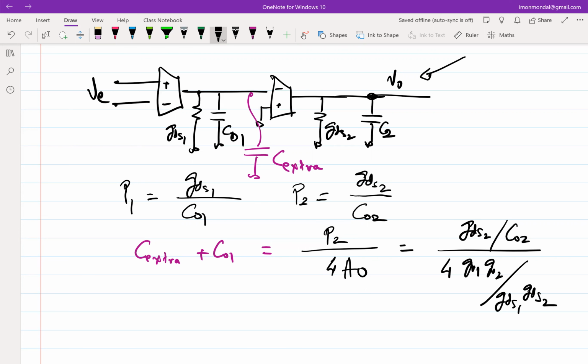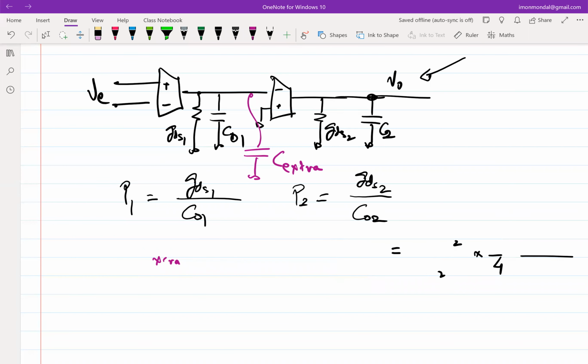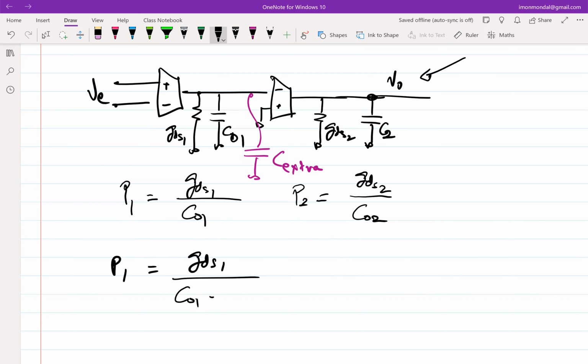Okay, I understand what you're saying. Yeah, that makes sense. So essentially what we want is, now the new P1 is essentially your GDS1 by C01 plus C extra.